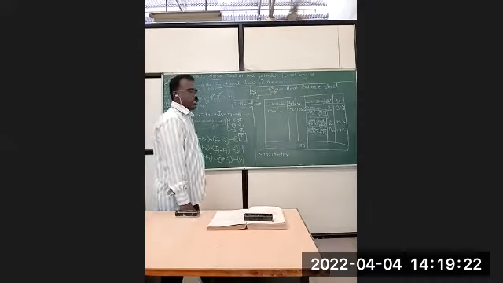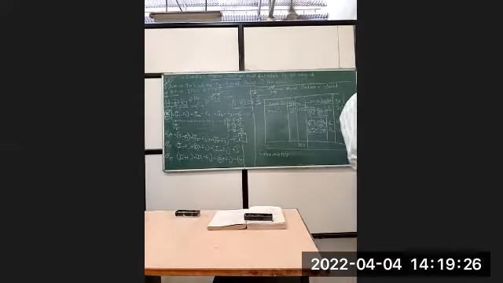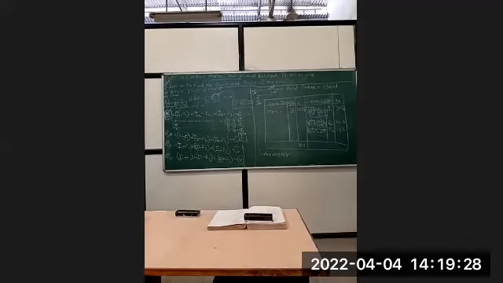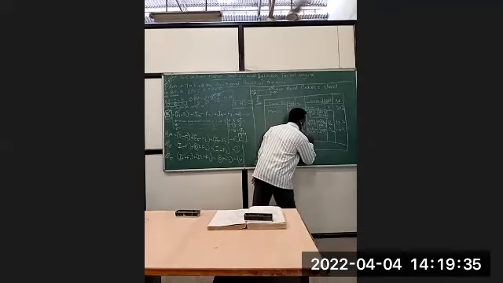And then there are so many other losses, like conduction losses, convection losses, and others, which we are unable to find out exactly, and we put them under unaccounted losses.